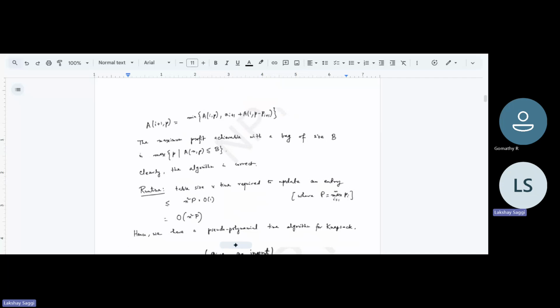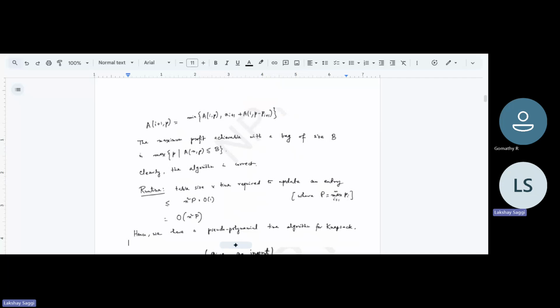The solution to our original knapsack problem will be just the maximum profit achievable with a bag of size B. So here we just need to find the maximum p such that, out of the first n items, the minimum size set, the an comma p entry, should be less than or equal to capital B.